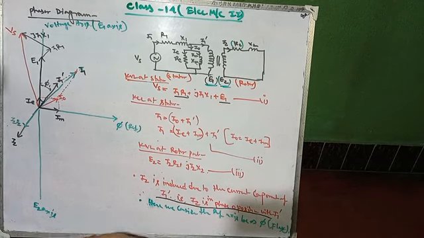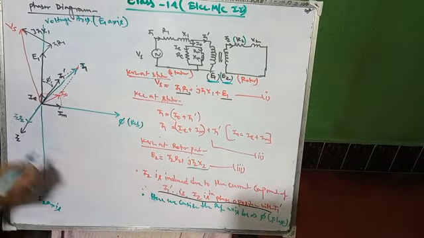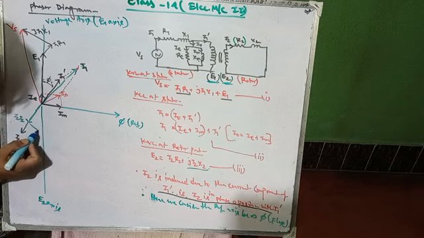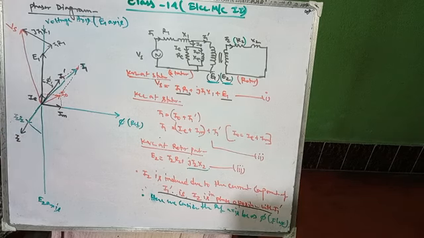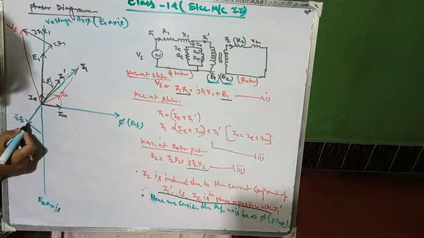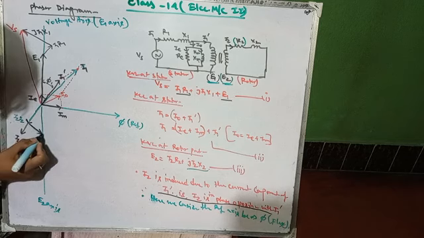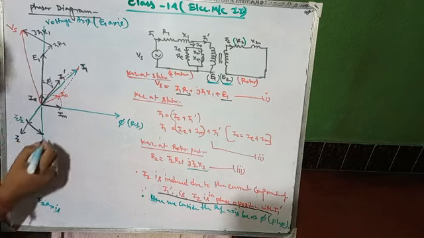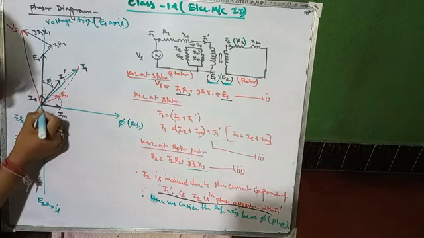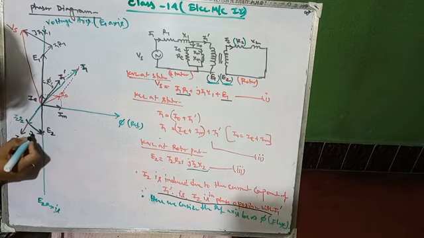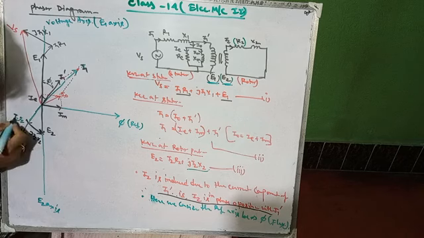Next you have to add j I2 X2. So draw a 90 degree line from here so that it can reach a point on this E2 axis. This amount is actually E2. This is your j I2 X2, and this is your I2 R2.